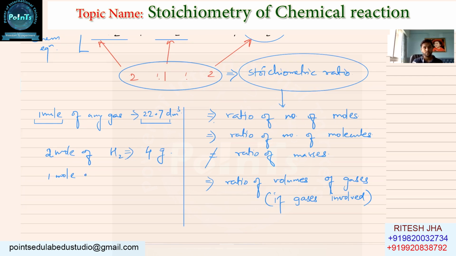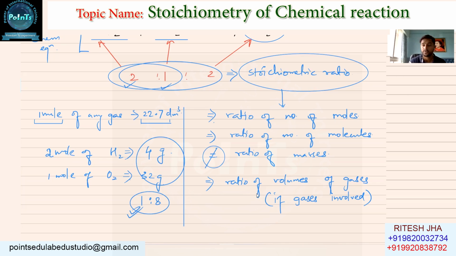Now 1 mole of oxygen we have used, this is 2:1, right? So 1 mole of oxygen is 32 gram. So the ratio is 1:8, right? The ratio is not corresponding to what we are getting for the ratio of masses. So it is not equal to the ratio of masses. Is that clear, guys? All of you?